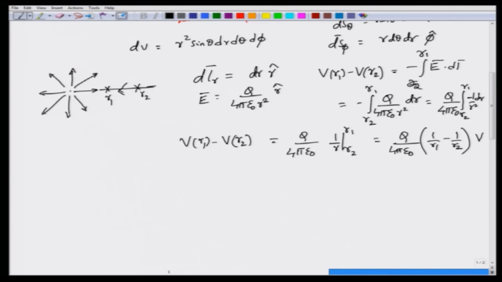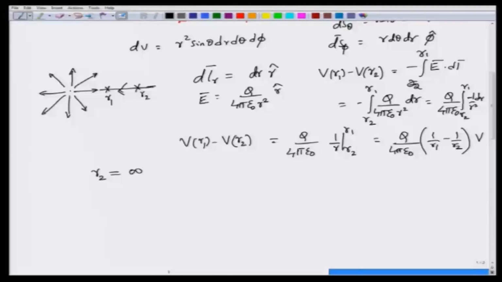Well, this is a fairly interesting expression, because I can imagine coming from R2 equal to infinity. Imagine that I want to find the potential at a point R1, but not by moving the test charge from R2 to R1 where R2 is close to R1. I am going to push R2 away as far as infinity, and I will come from infinity to point R1 in the same radial direction that we have taken.